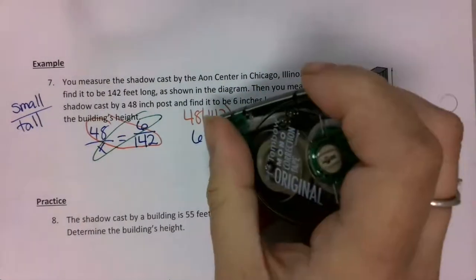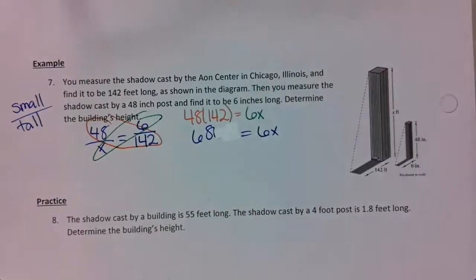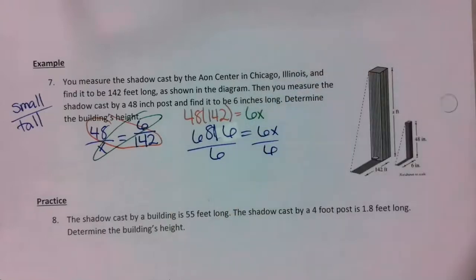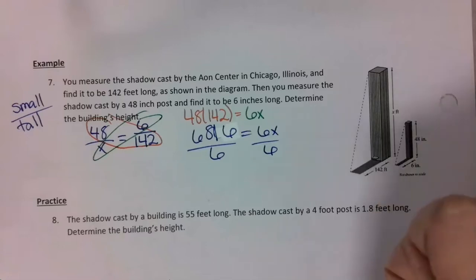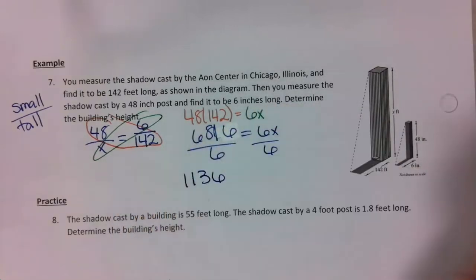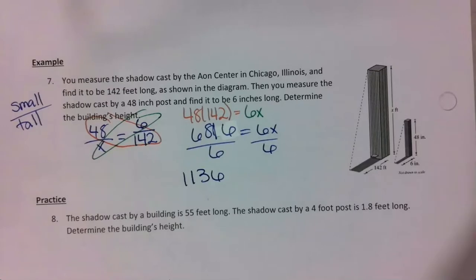My bad. And then I want to divide both sides by 6. So this gets me 1,136. What measure of units? Feet. No, the building's in feet.